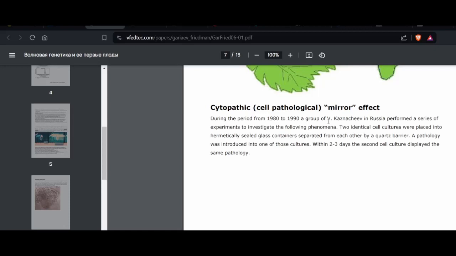It's sealed off completely from the diseased culture. But somehow that pathology is being transmitted to the healthy culture, and it will exhibit the pathology in 2 to 3 days. So it's called the mirror effect. Transmission of morphogenic information.